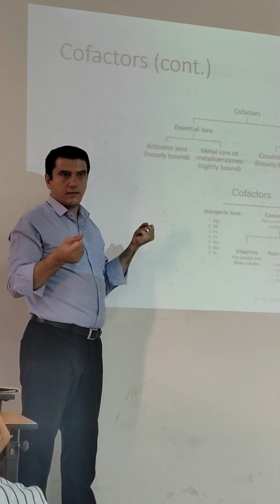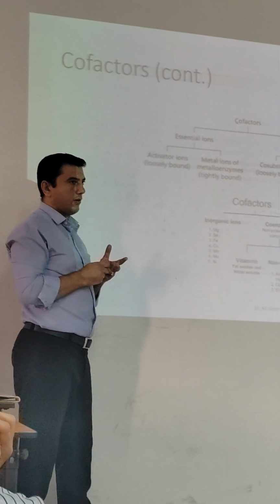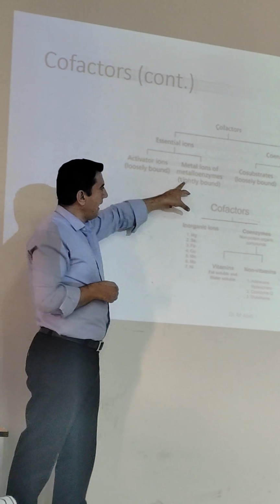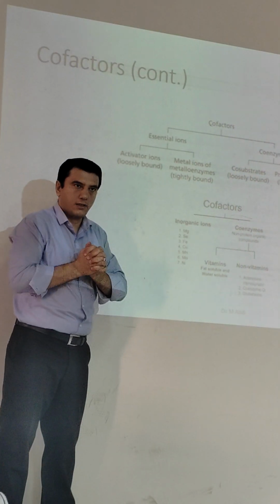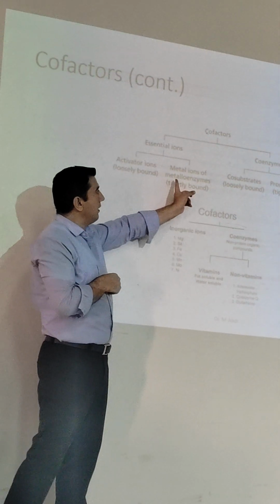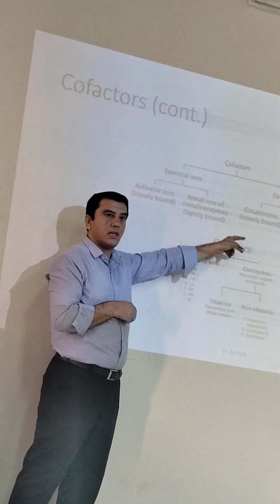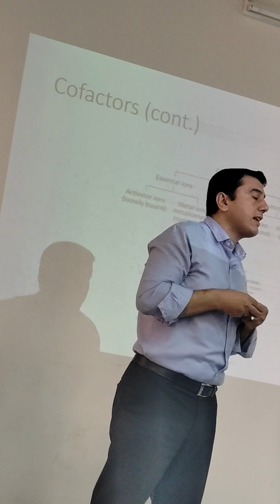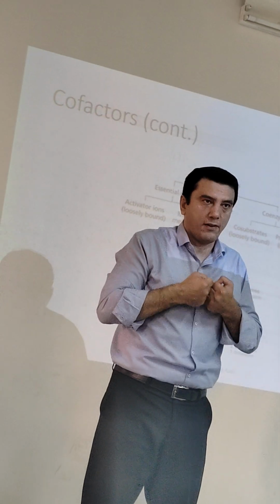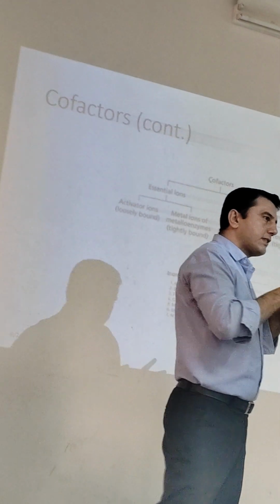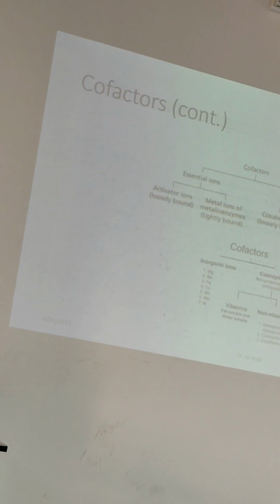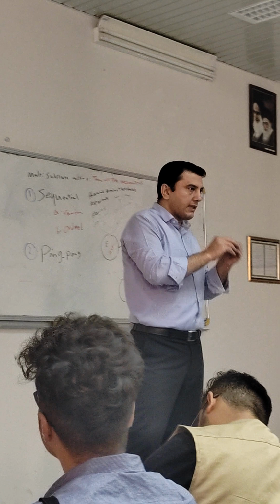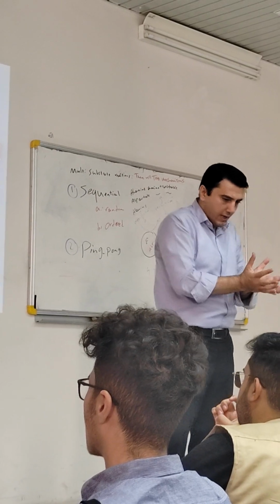Those ions that attach to the enzyme in a strong, covalent interaction are metal ions, and those metals are needed for the structure of the enzyme, not the reaction of the enzyme. Enzymes have a structure and a function.